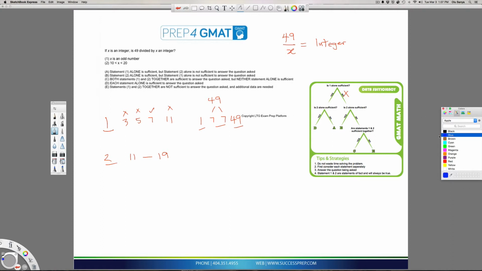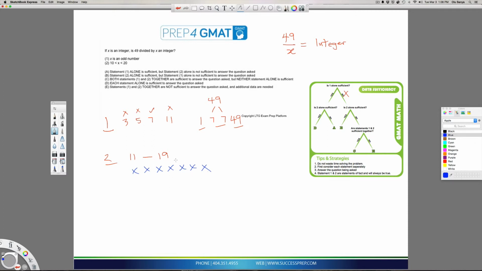The one thing we can be very clear about is that none of these, 11, 12, 13, 14, 15, 16, 17, 18, 19, when divided into 49, will give us an integer. So in this case, we consistently have no's all across. None of these will work.